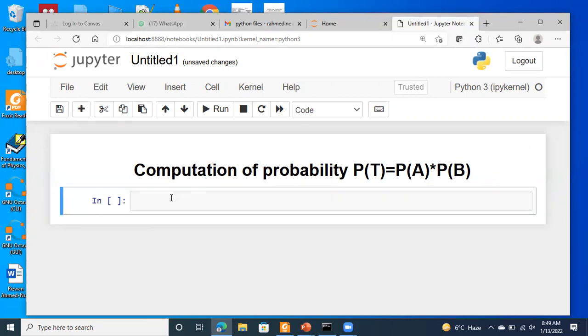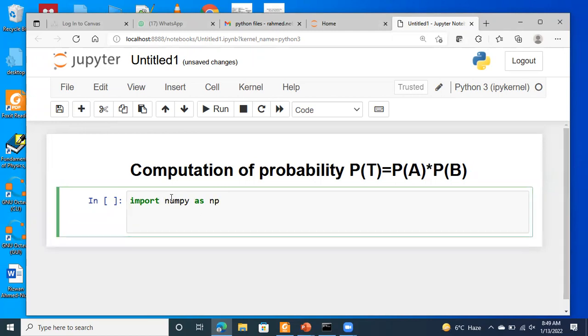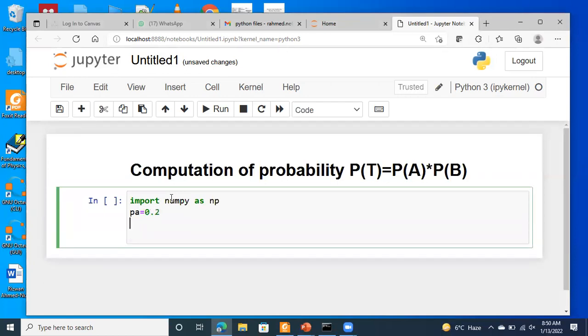So, I'm going to perform this calculation by Monte Carlo simulation, right? So I import the library, import NumPy as np, and I do not require matplotlib this time. At first, I define probability of A, say 0.2, and probability of B is 0.3.